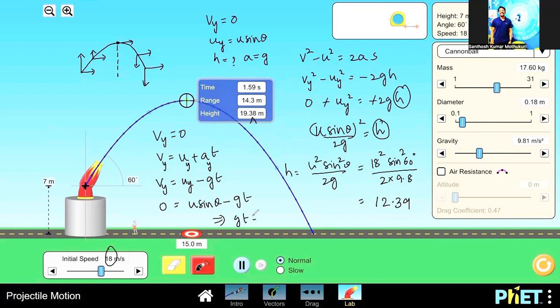Therefore, gt is equal to u sine theta, and you may write t as u sine theta by g. This is the proof for the time taken for the projectile to reach the maximum height. Now the initial velocity is 18, sine 60 degrees over 9.8. So if you solve 18 times sine 60 by 9.8, you would get 1.59 seconds. See, 1.59 seconds is proved here.